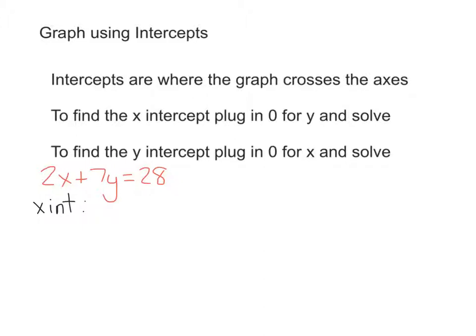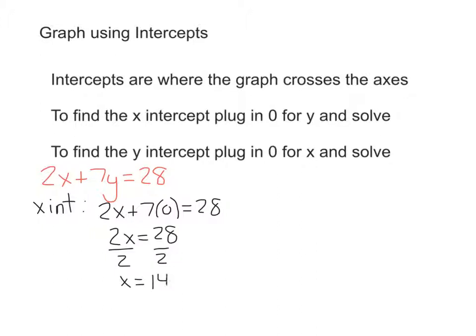I'm going to plug in 0 for y. The y term is just going to end up canceling out, so we get 2x equals 28. We're going to divide both sides by 2, and we get x equals 14.